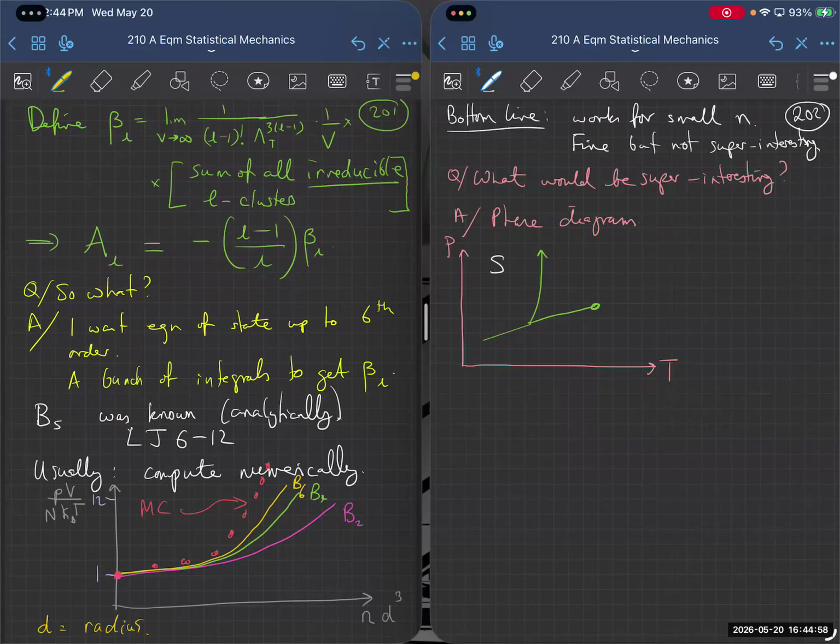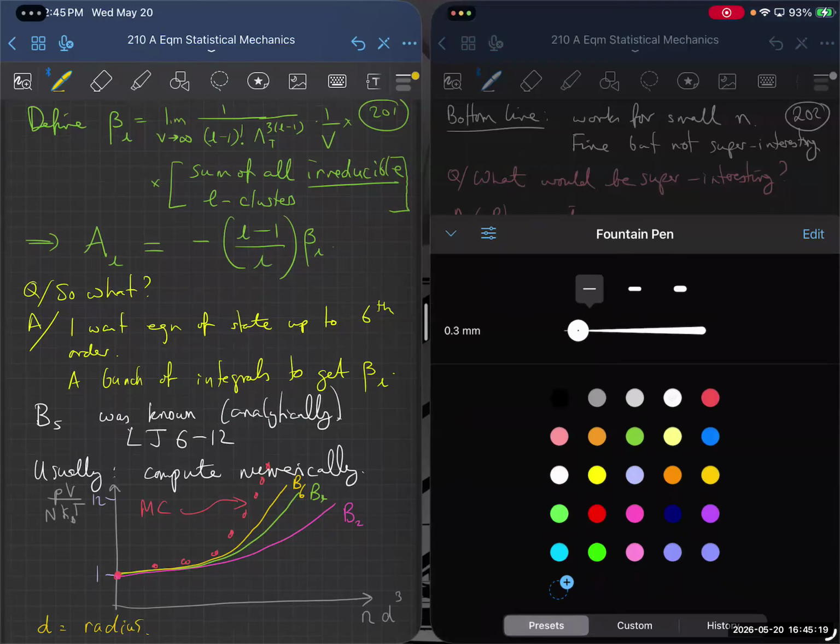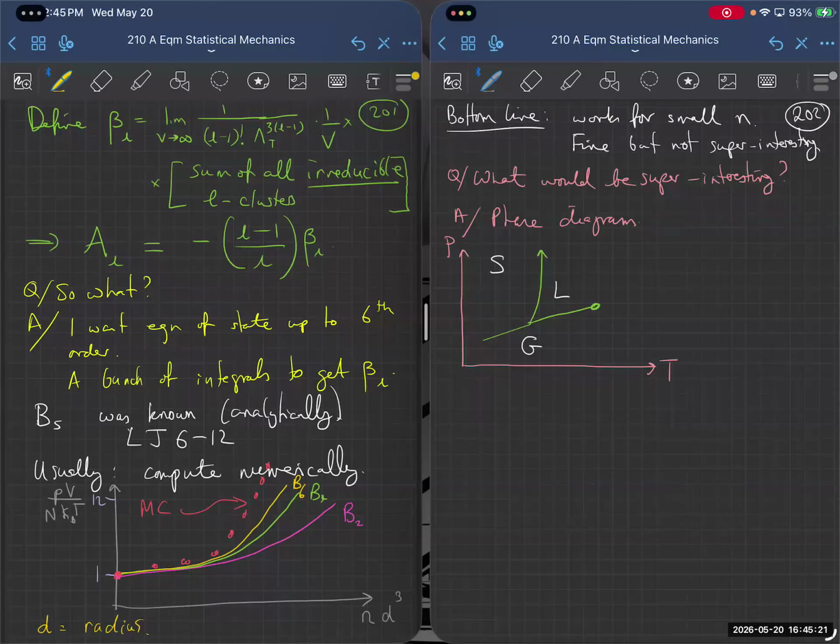If it's a really low density, really low pressure, then it's going to be something like a gas, right? And in this phase here, if I take the gas and then I increase the pressure, it will eventually become a liquid. So that's the phase diagram of matter. This phase boundary here is a first order phase transition. This phase boundary here is a first order phase transition.